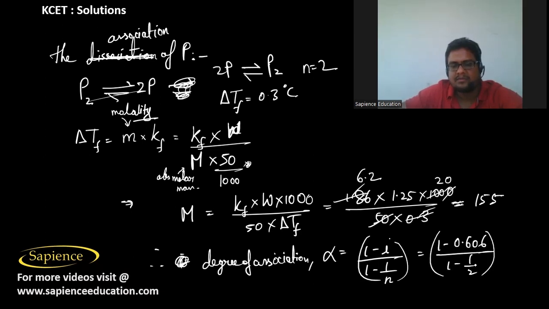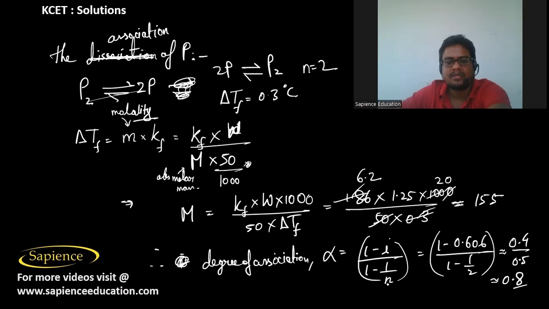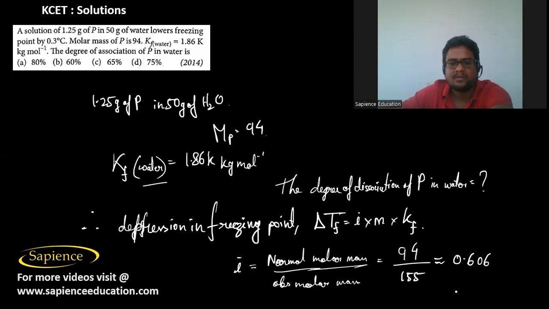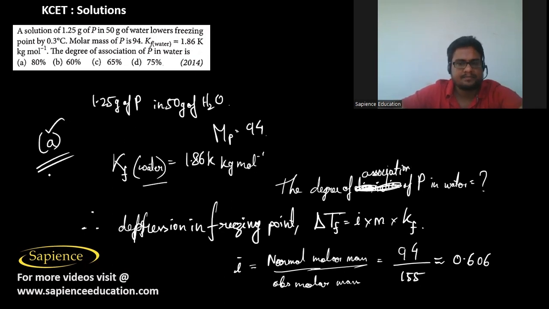So this will be 0.5, and the numerator value will be approximately 0.4, so 0.4 by 0.5 is approximately 0.8. So 0.8 means it is approximately 80% degree of association. So we have to find the degree of association of phosphorus in water. So 80%, so option A is the correct answer.